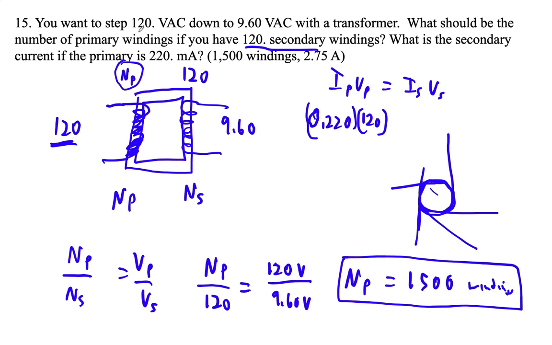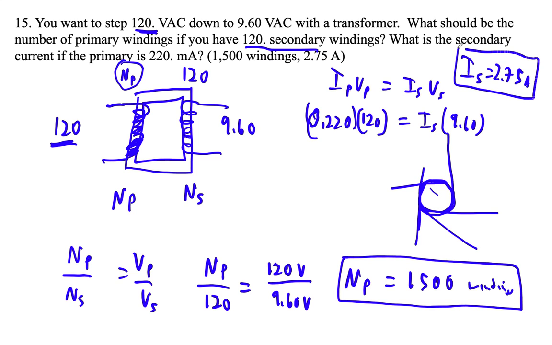And that equals I secondary times V secondary, which is 9.60. So now we just do some maths. 0.22 times 120 divided by 9.6 is 2.75 amps. All right. Woohoo!